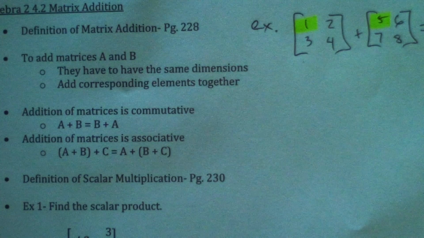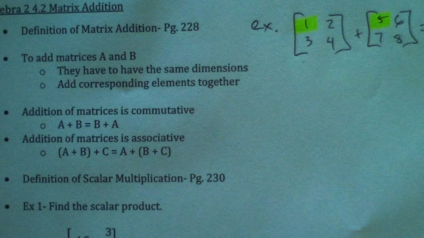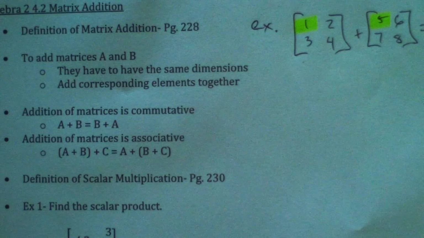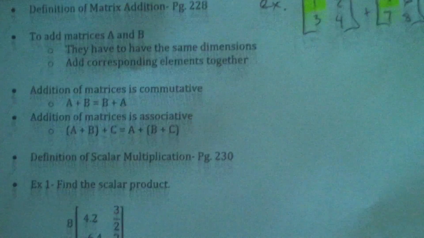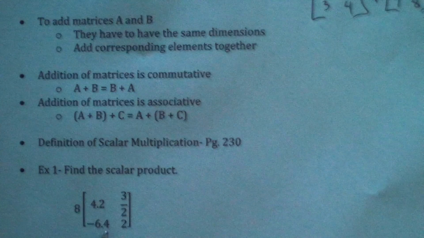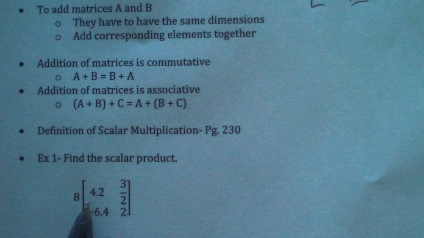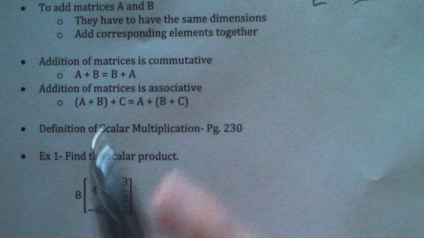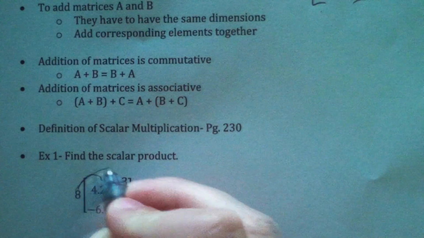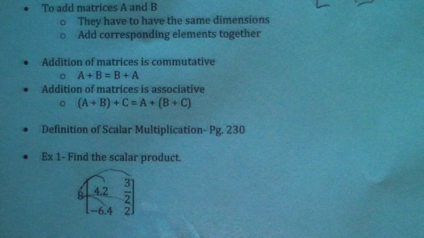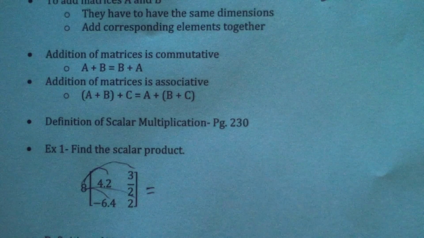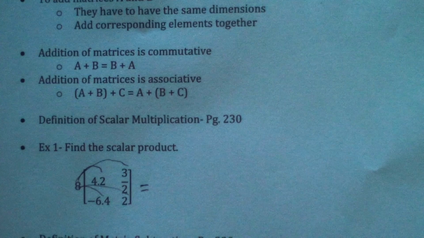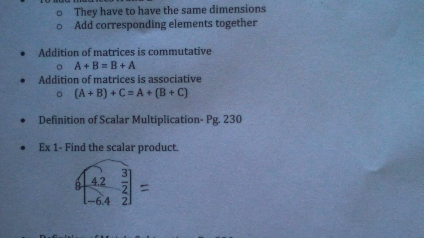So what's happening here, on our example sheet, it's kind of like the distributive property. You're just taking that 8 times all the stuff in the parentheses group. So on your calculator you would just take 8 times 4.2 and you get 33.6. You'd take 8 times 3 over 2, which is the same as 1.5, right?